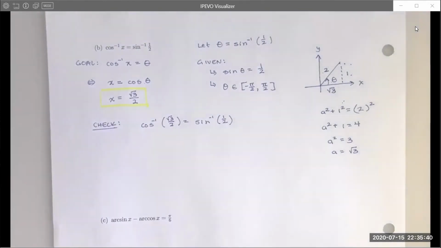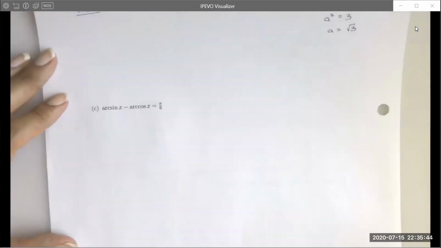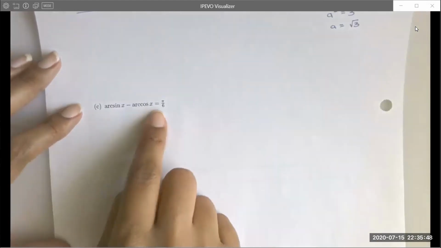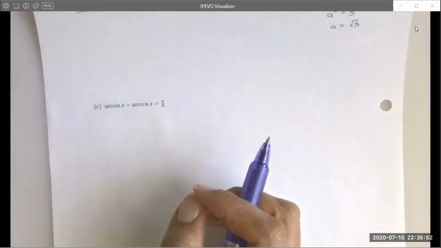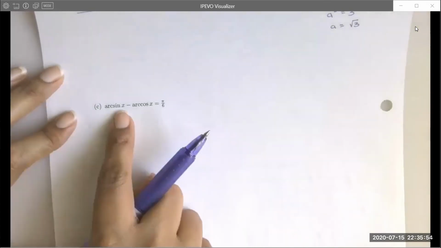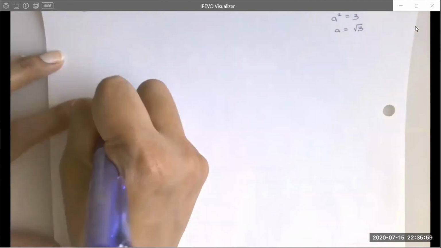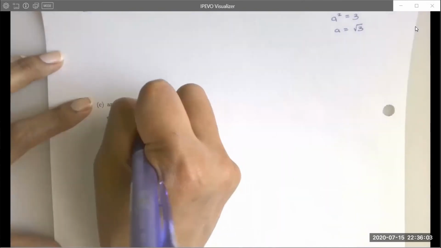Okay, and last equation. This last equation, we have arc sine of x minus arc cosine of x equals pi over 6. Again, what you want to do in this case is solve for either one of the inverse functions. Just so that it looks a little more familiar, I'll write it in this form.